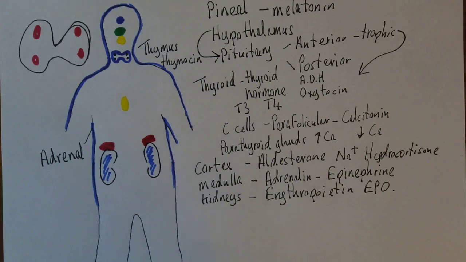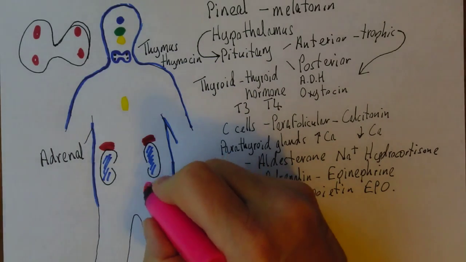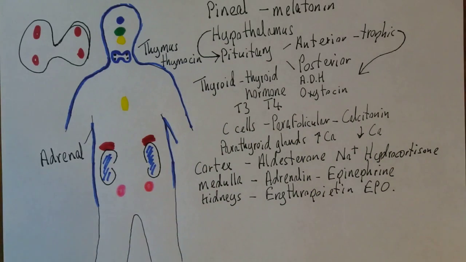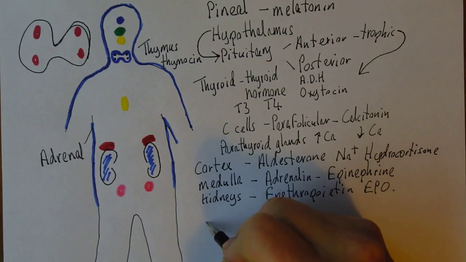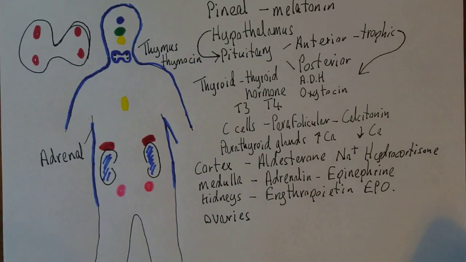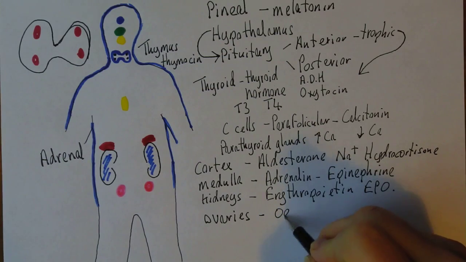Now, going down further, in pink, we have the ovaries, in females, of course. The ovaries. Now, the ovaries don't do a great deal before puberty, but at puberty they start producing estrogen.